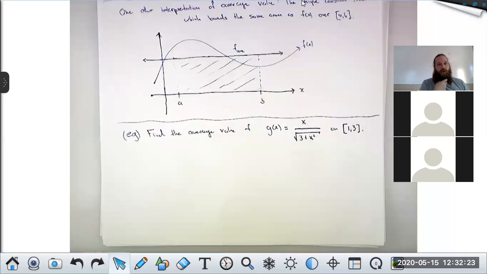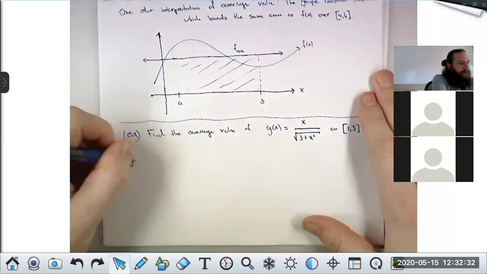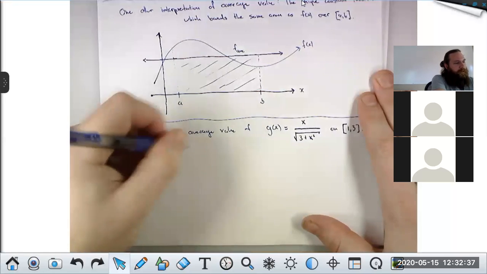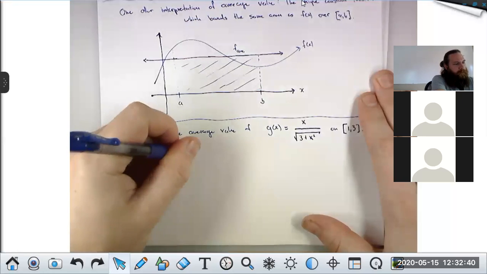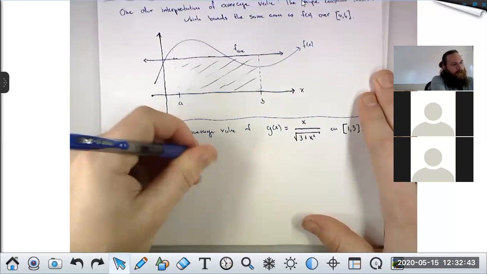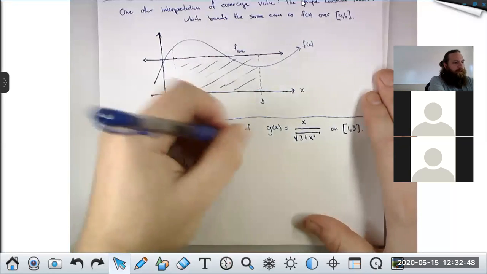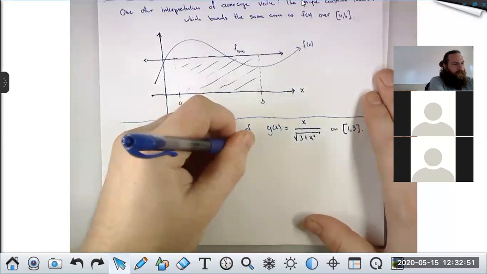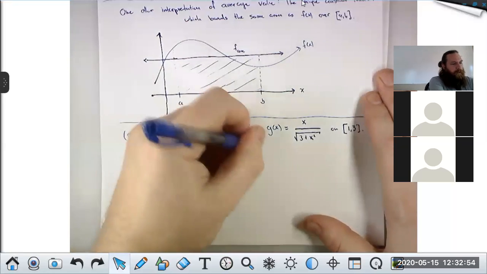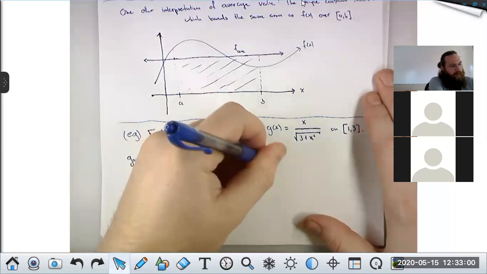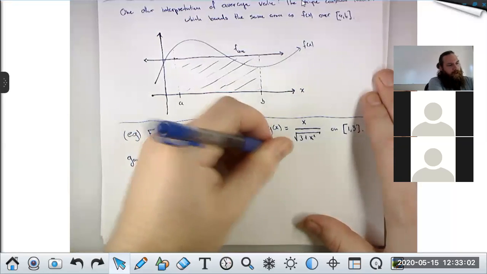So this is really just a formula thing. We're going to use the formula above and crunch out the integral. So g av here, I should say, because my function is g, is 1 over b minus a times the integral from a to b of g of x dx. That's what the formula says. So here a is 1 and b is 3, so that's 1 over 2 times the integral from 1 to 3 of x over the square root of 3 plus x squared dx.